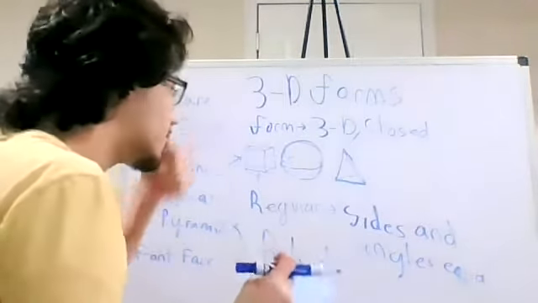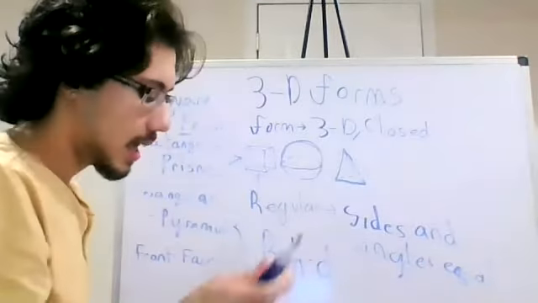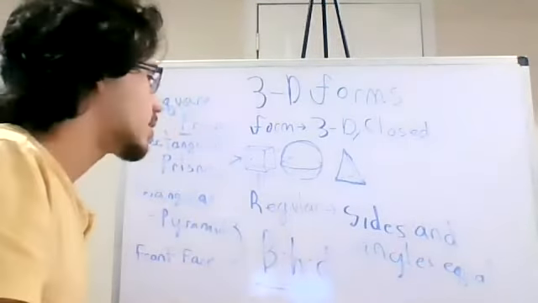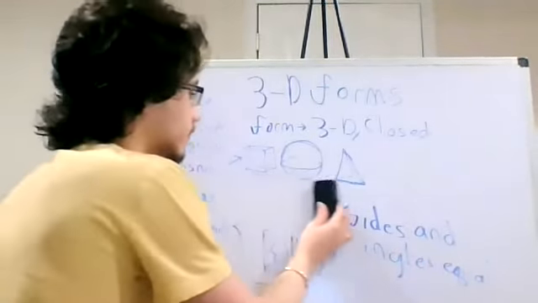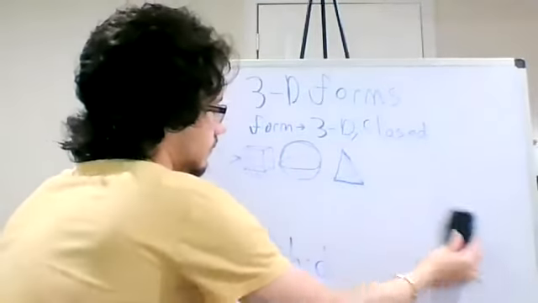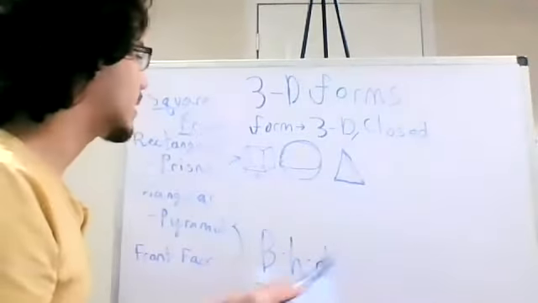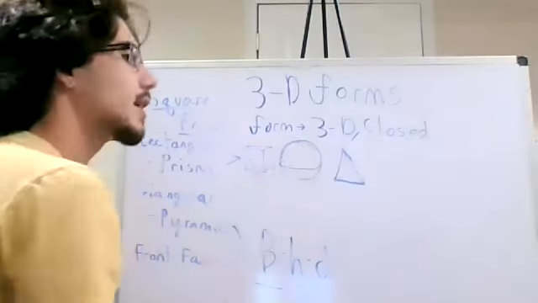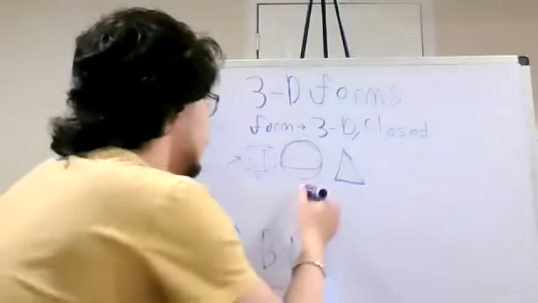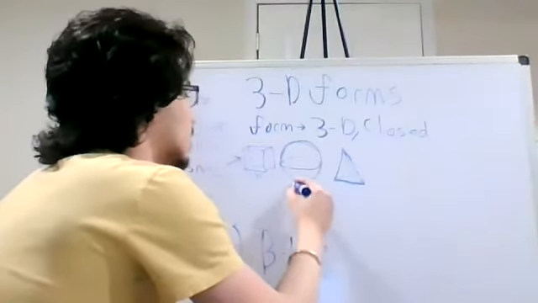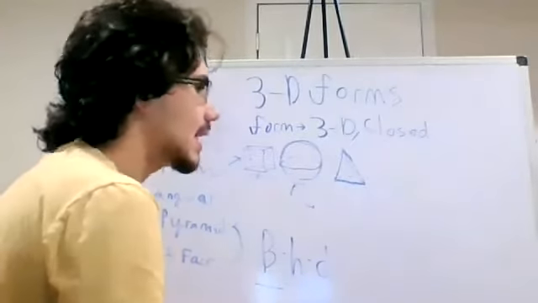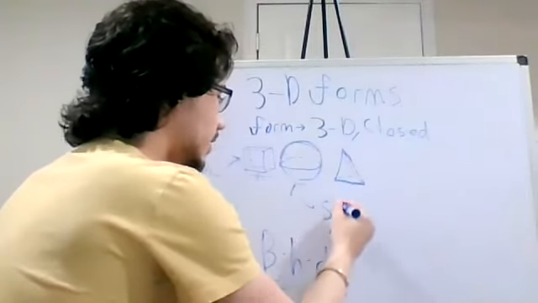If we apply this to non-regular forms, then we can see where this becomes more useful. And just so we are clear, this does not apply to spheres, because for spheres, all we say is spherical.